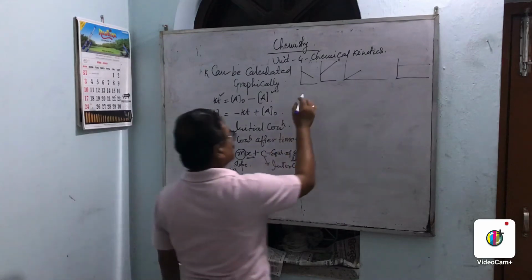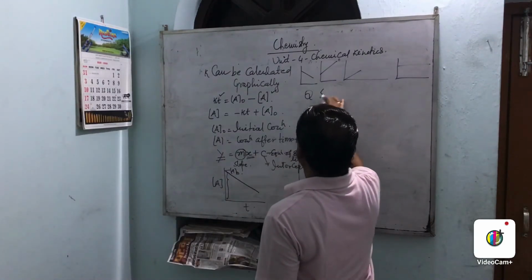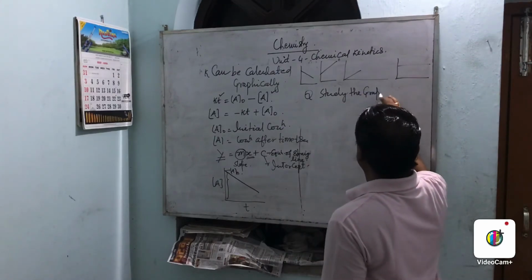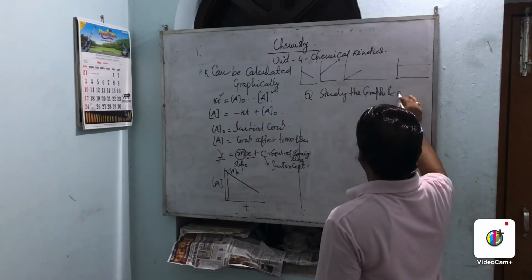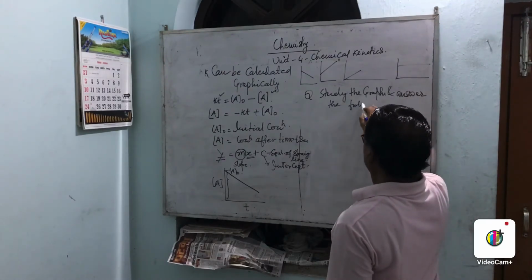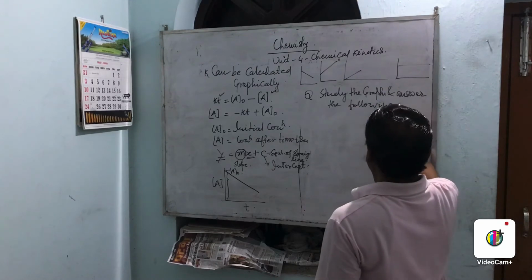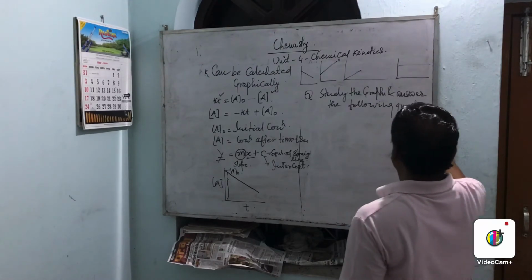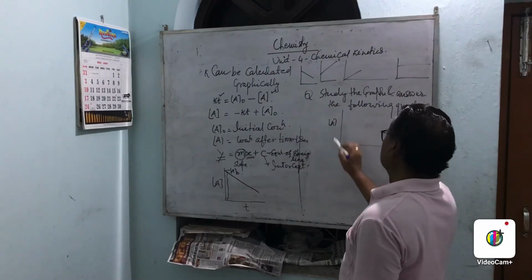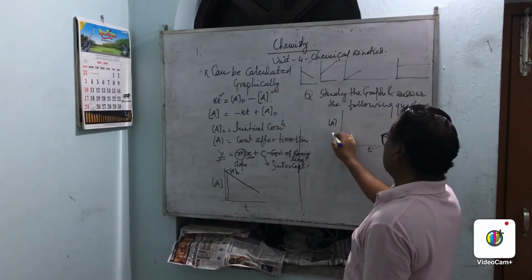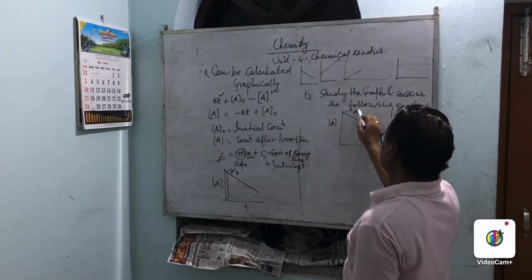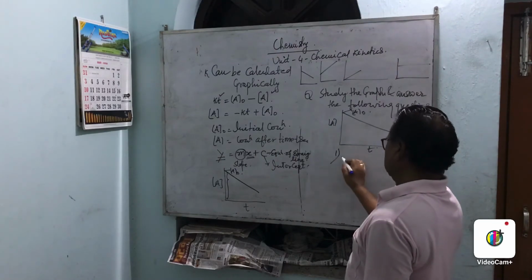Now, how is the question asked? The question: study the graph and answer the following questions. The graph is given, this is A, or this is T, or sometimes R is written in your book. If it is R, you consider it R. This is A naught. First question, write the order.